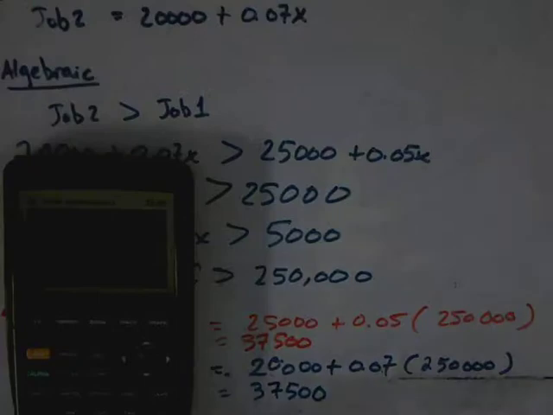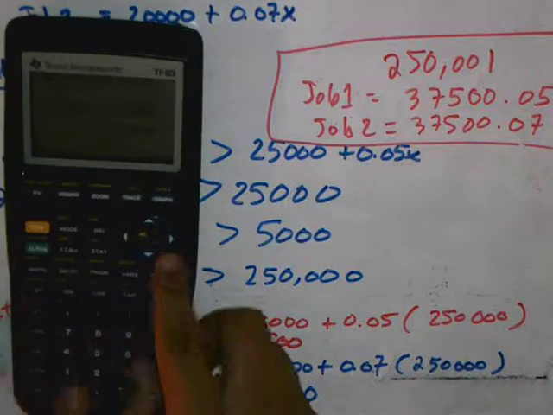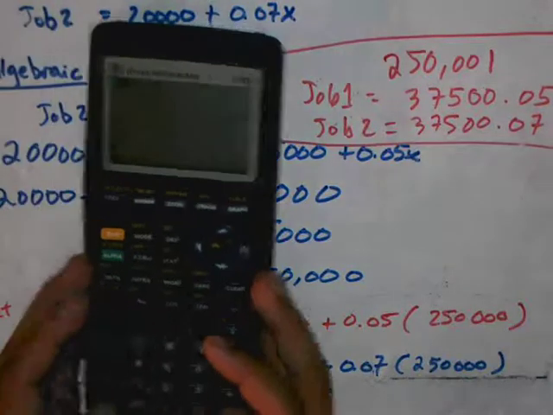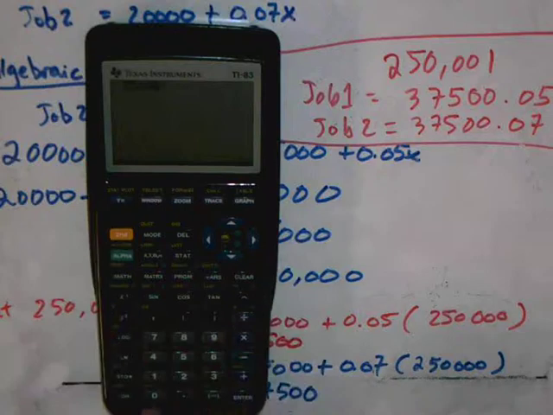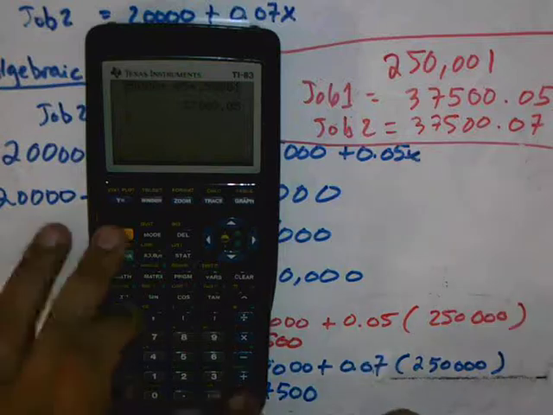So you see here that if she sells $250,001, then for job 1, she's going to have 25,000 plus 0.05 times $250,001, and that's going to give her $37,500.05.